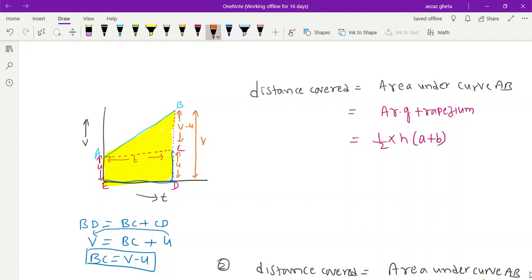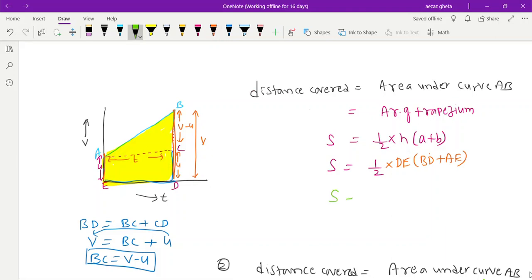Now the distance covered s is equal to half. This is h. These are the parallel sides: BD and AE are the parallel sides, and the height will be taken as DE.